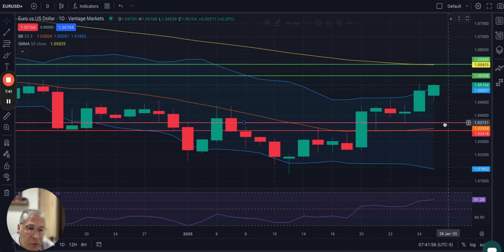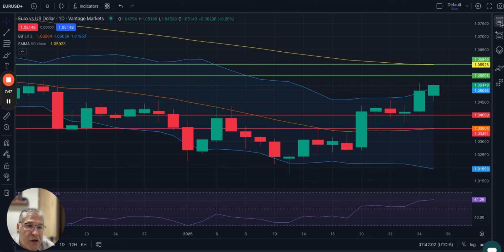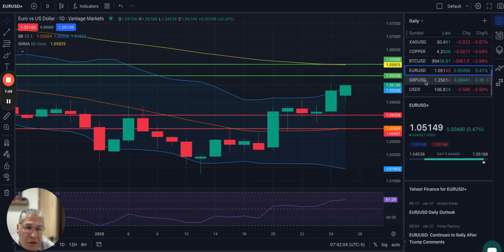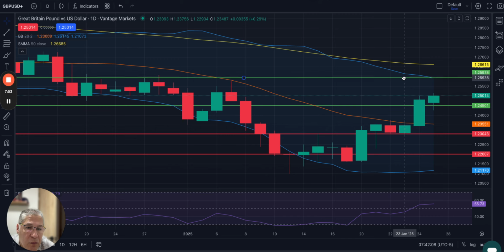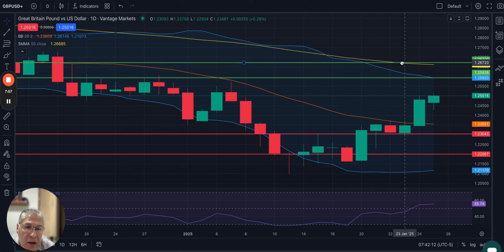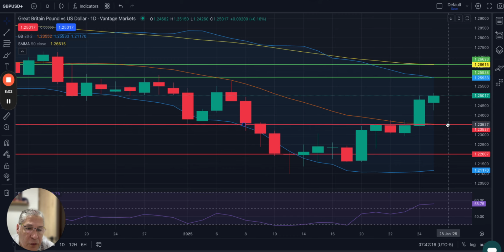Let's see if that will be the case. 104 for the euro is support, and the 20-day moving average is a level of resistance. The pound is looking mighty strong, so let's use that swing, and then the 50-day moving average as our probable level of support, with the 20-day moving average as the first level.